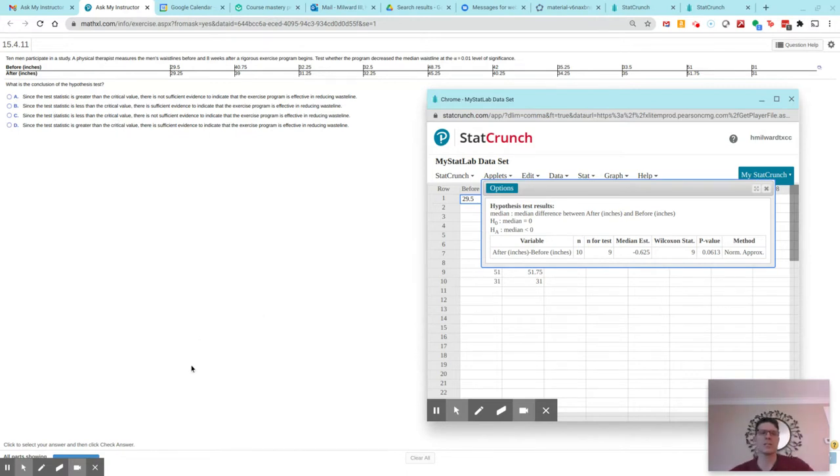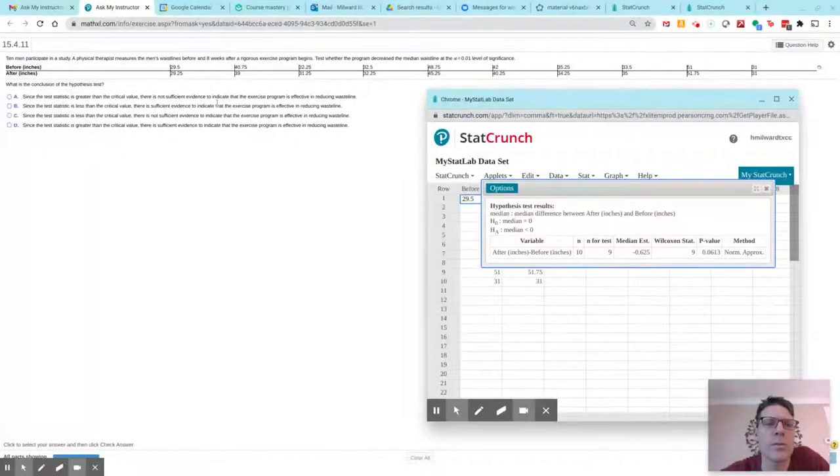The second challenge on this problem is that we've got all this critical value language here, which is a different way to do hypothesis testing. And I'll try to explain that really quickly. So first, there's not sufficient evidence to indicate the exercise program is effective in reducing waistlines.